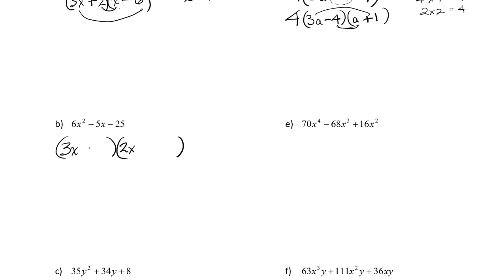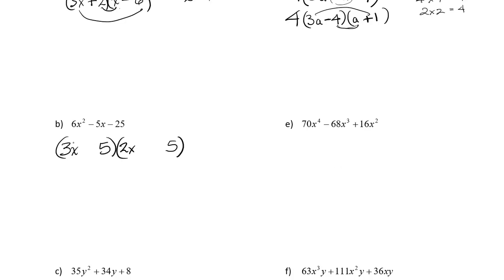Notice that I always break the letters apart into two separate terms. That's a pretty common trick. I'm going to try 5 and 5 because I know that I need something that will give me 25 at the end. And so now it's just a matter of figuring out which 5 should be positive and which 5 should be negative.